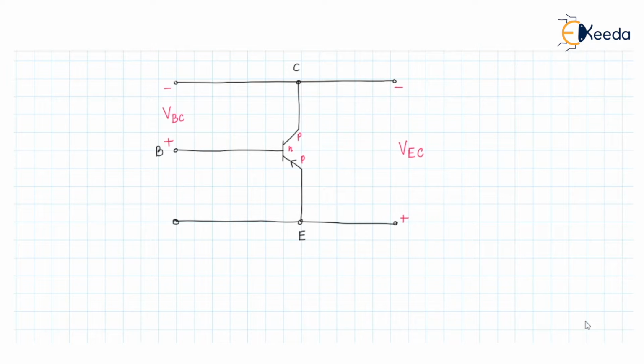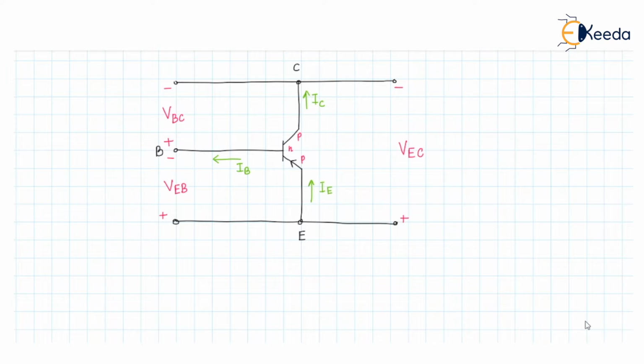For the base to emitter, the base will be negative and the emitter positive, so it will be VEB. The IC current will be flowing in the outward direction, the IE current in the inward direction, and the IB current in the outward direction.